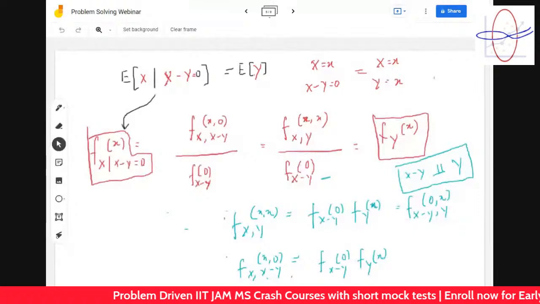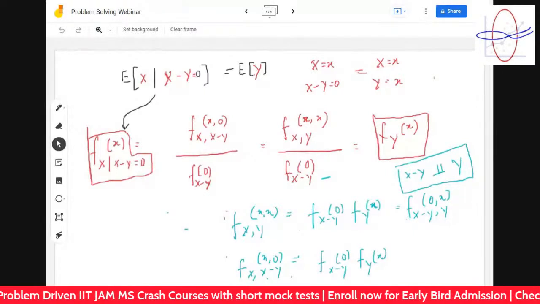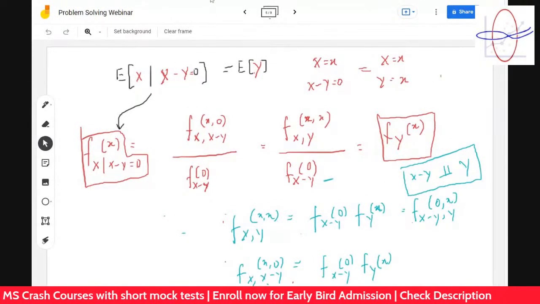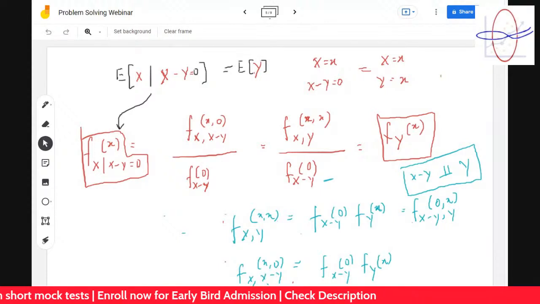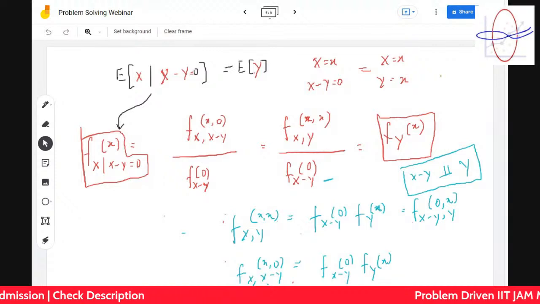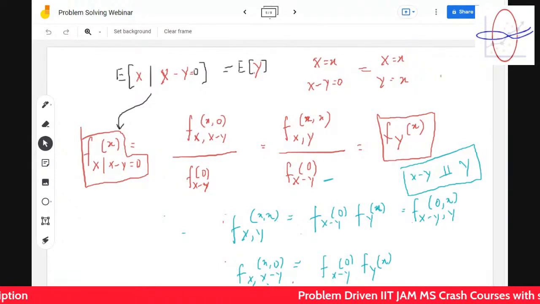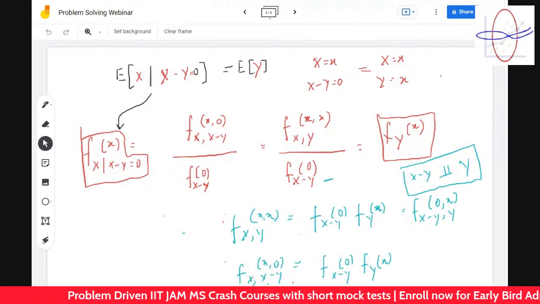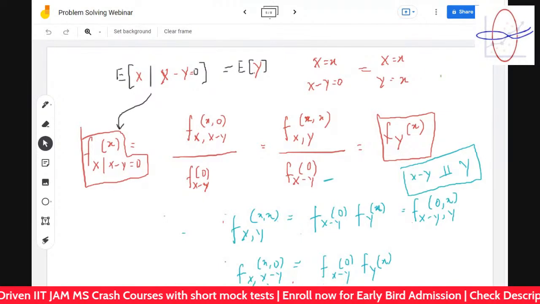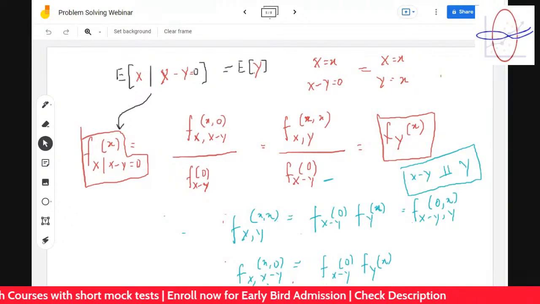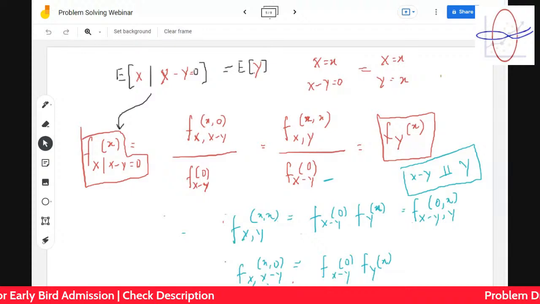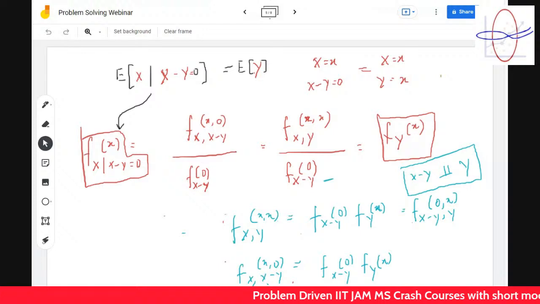Yes. So tell me now, how are you planning to understand this for the next step? Did you understand that we can write this if and only if x minus y and y are independent, right? Did you understand this, guys?